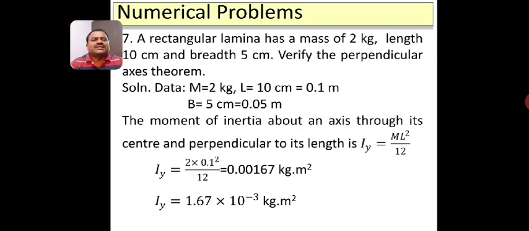So the moment of inertia about an axis through its center and perpendicular to its length first is given by Iy is equal to m L square by 12. Here m is 2, L is 0.1. Substitute and simplify it. You will get the answer as 0.00167 or 1.67 into 10 raised to minus 3 kg meter square.